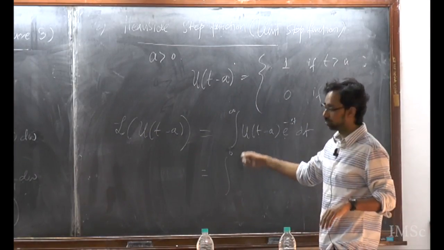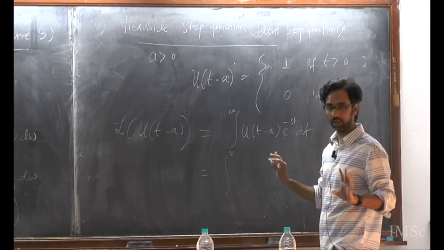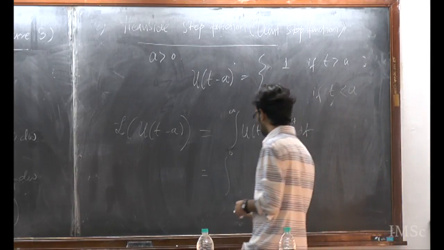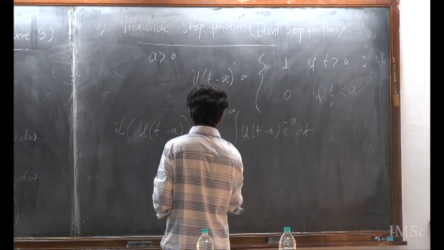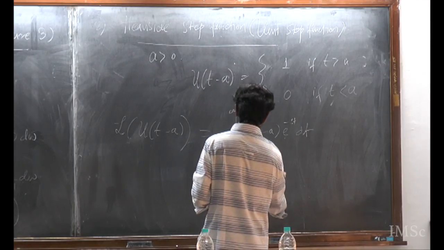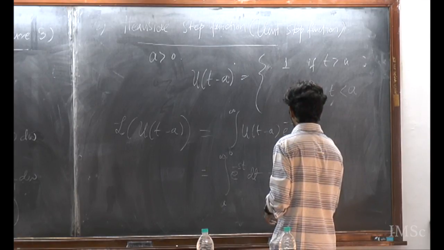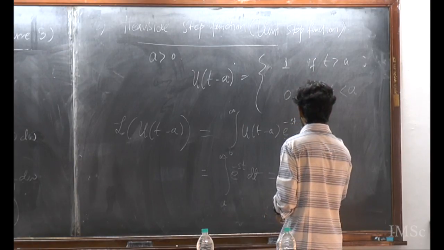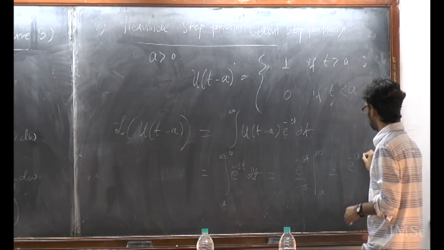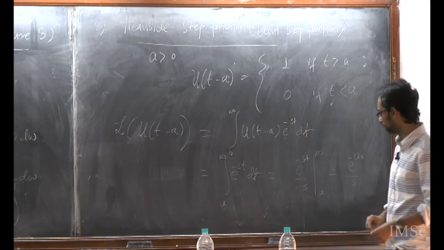What will it be in 0 to a? 0. So you don't get anything. The only contribution comes from the part a to infinity, of e to the minus st dt. So this is e to the minus st over minus s, from a to infinity. And what is it? e to the minus as over s. Okay? So this is easy.